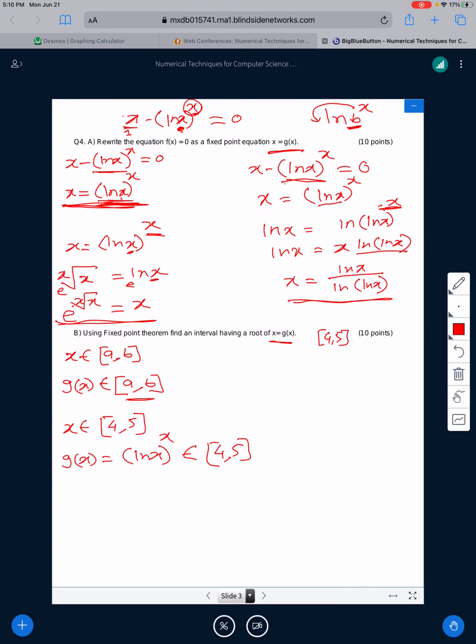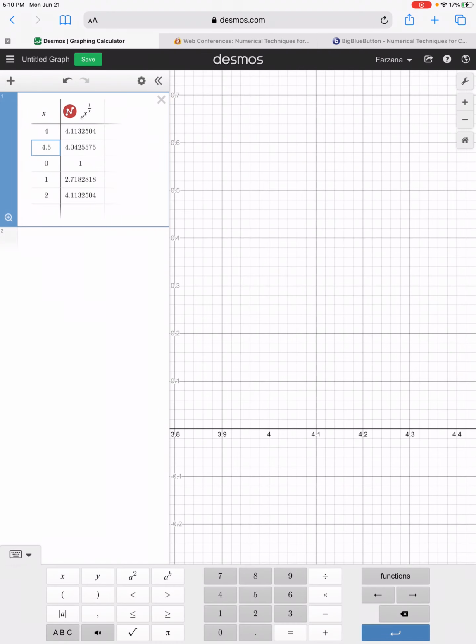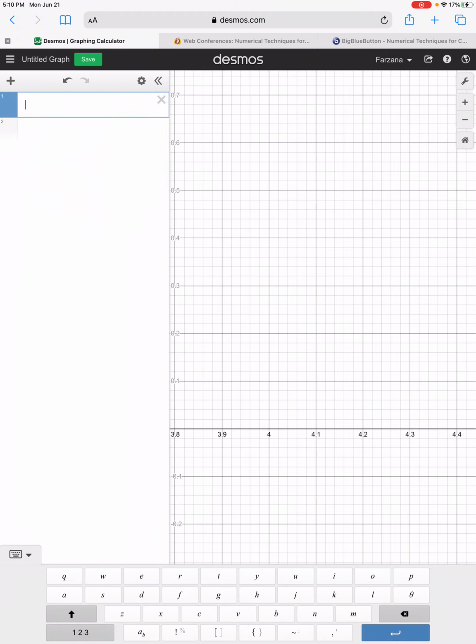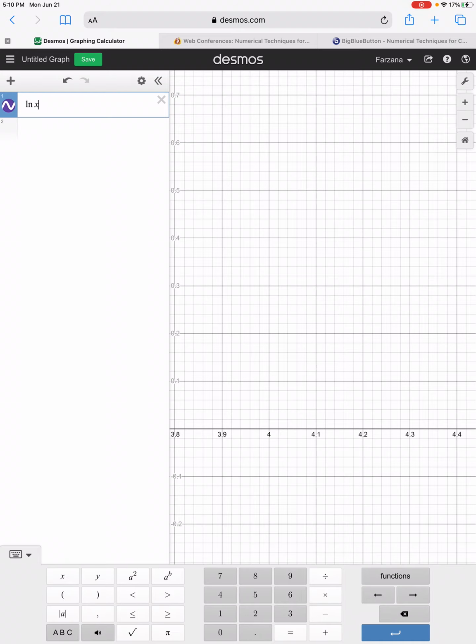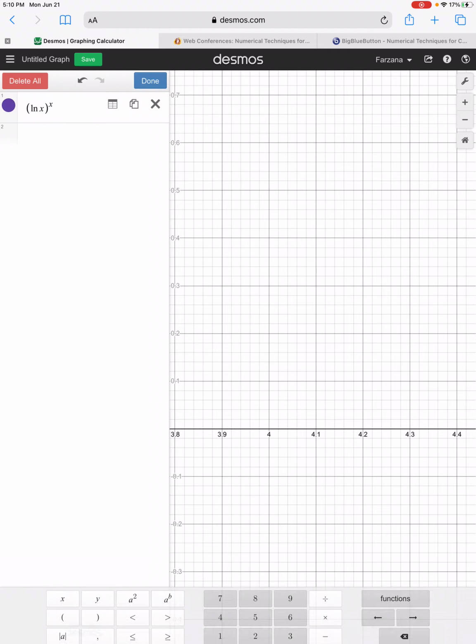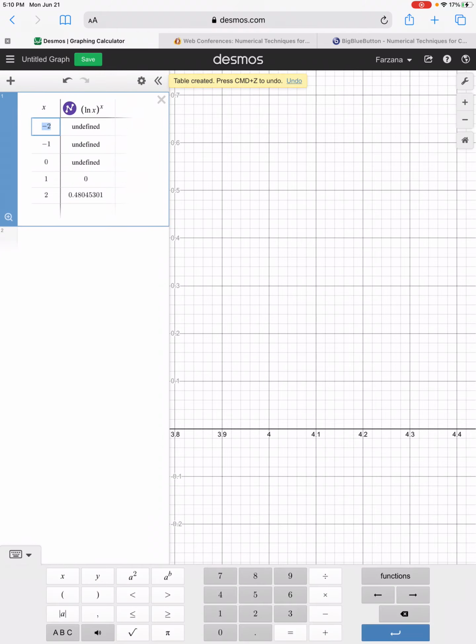So I'm going to the calculator, the Desmos calculator. Okay, this is saying ln x to the power x when x belongs to the interval 4 to 5.